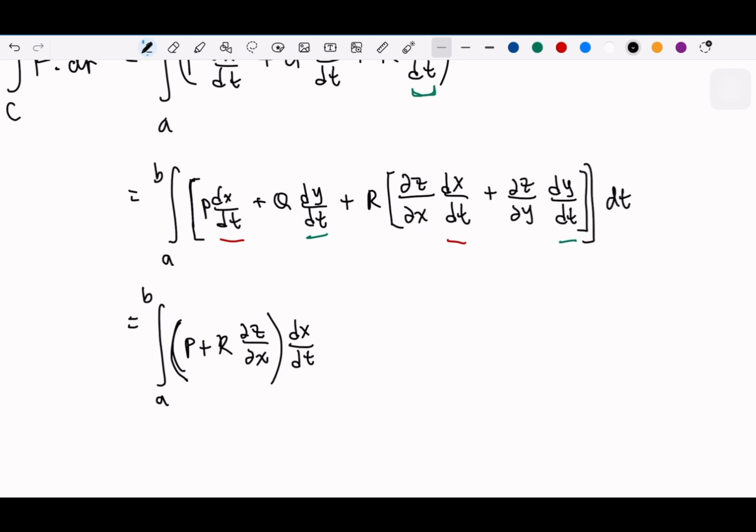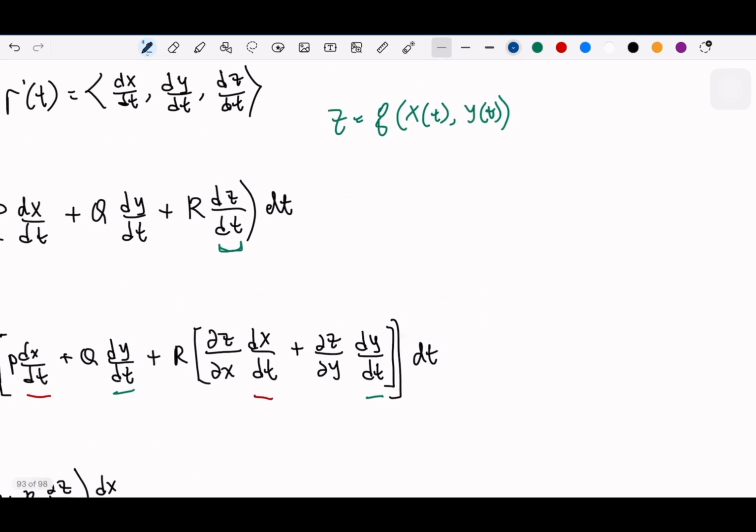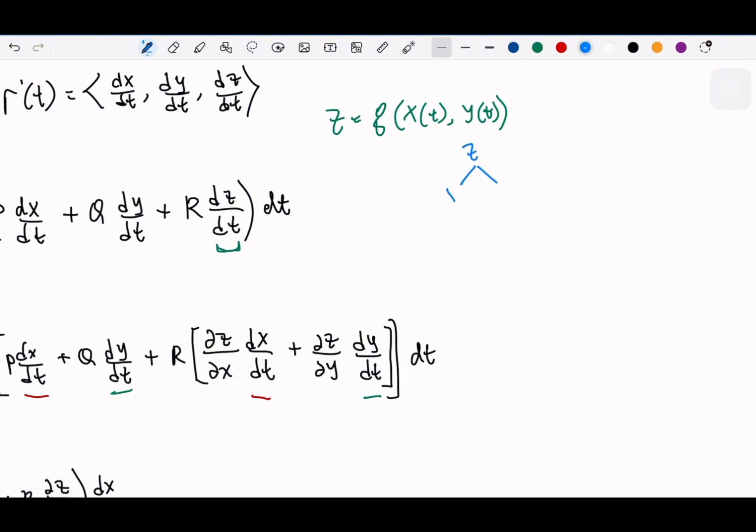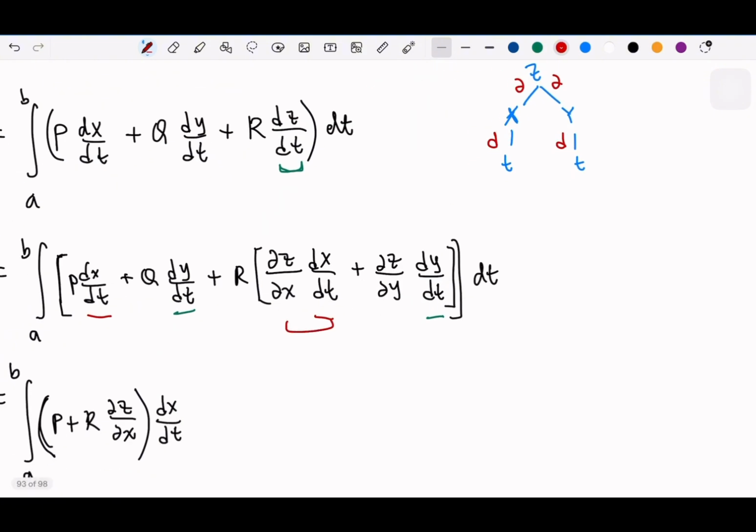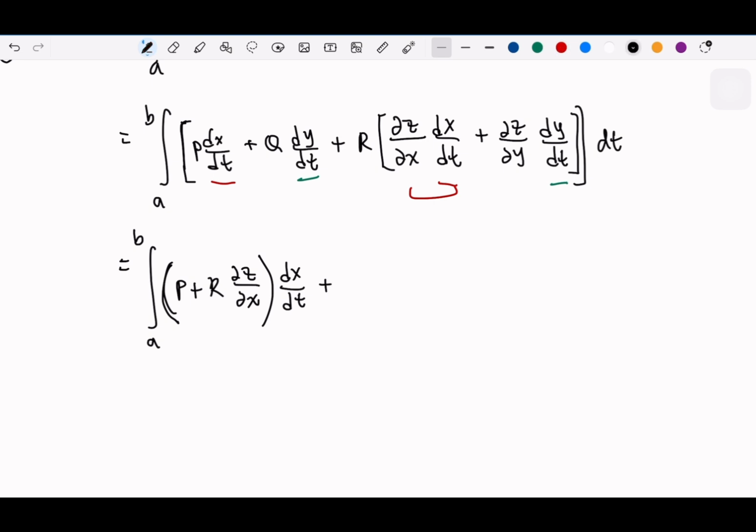If you remember the chain rule, z is a function of x and y, and they are basically functions of t. So every time you have a branch like this, you write the partial, but if you only have a single variable, you write d. And that's how we get this. Then we add Q plus R dou z dou y multiplied by dy/dt, and all together is integrated with respect to dt.